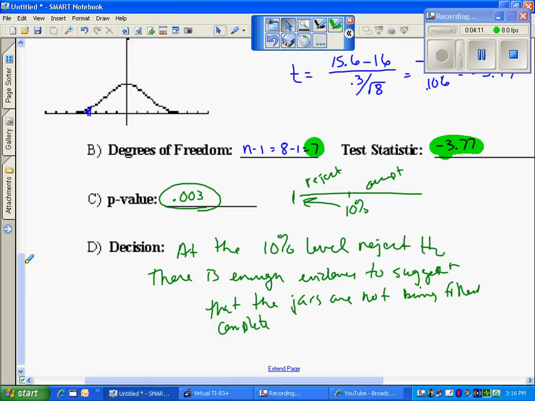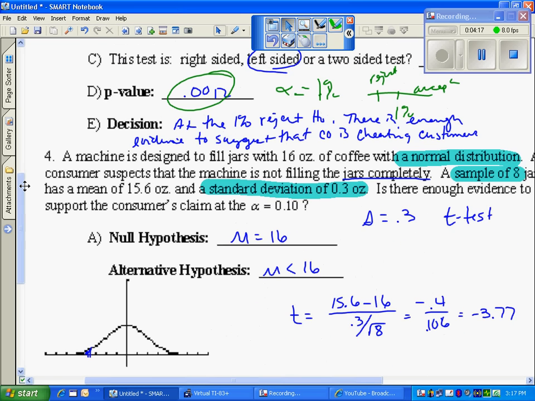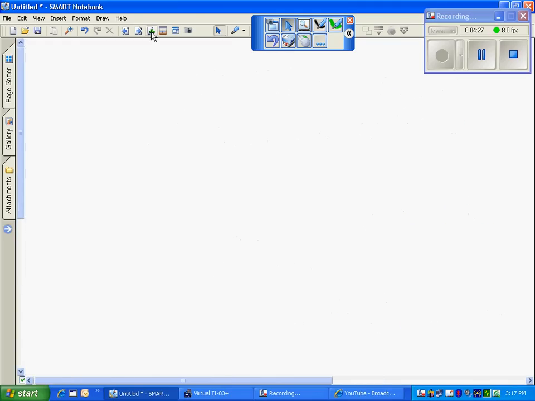But once again, a couple things you need to make sure that you're gathering when you read this: the normal distribution and what kind of test. And then you need to be able to use your tables. One thing you have to realize is if my test said that we were looking for greater than, that if this was my alternative, greater than is on this side.